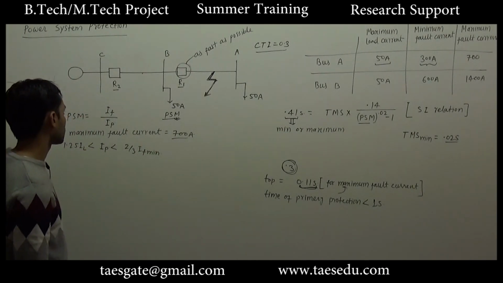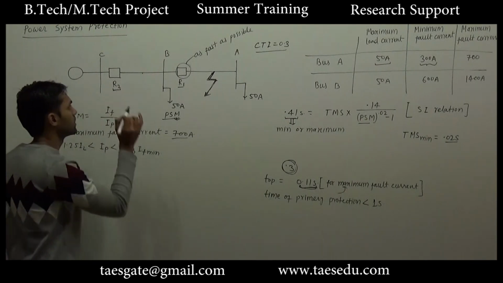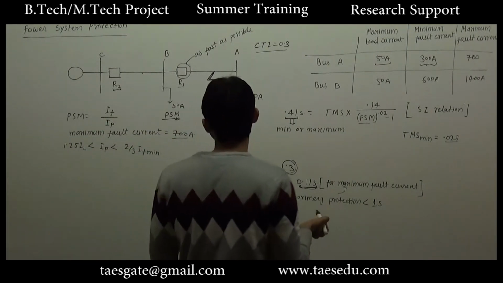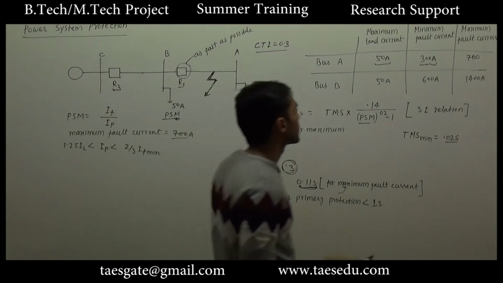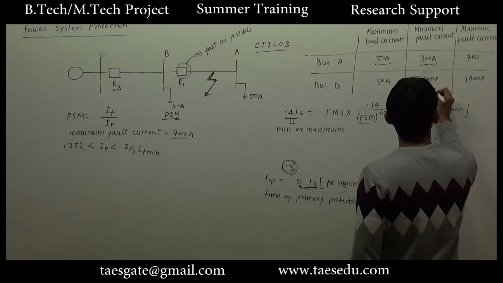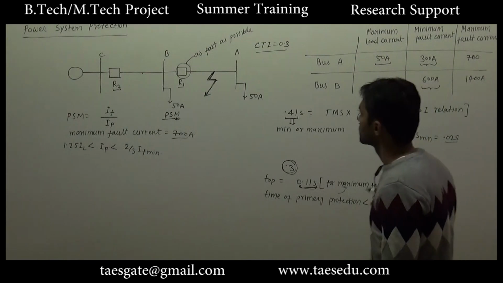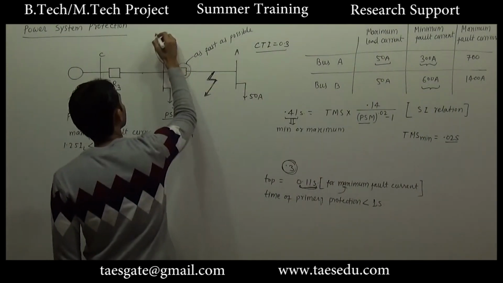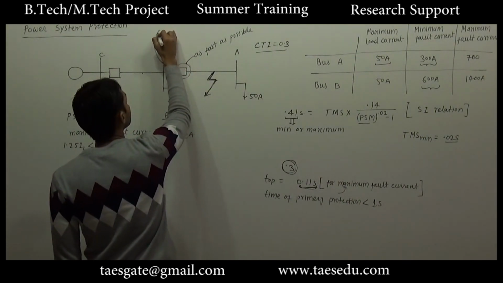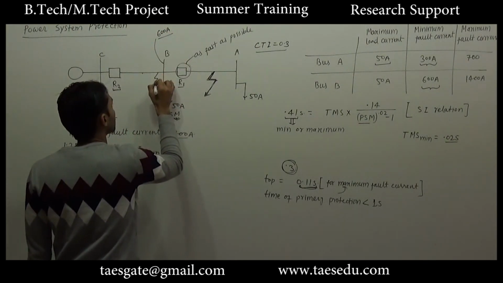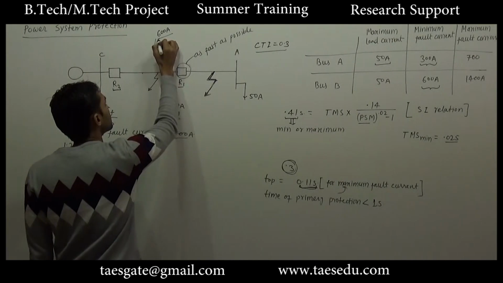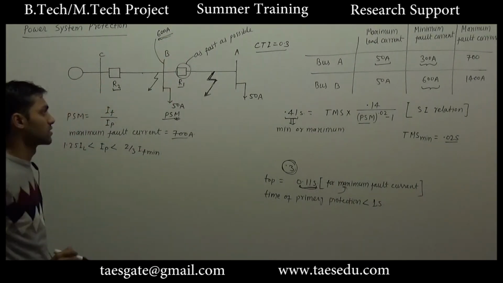Okay, now if we consider this relay, there may be two cases for minimum fault current. The one minimum fault current is 600 ampere, that is for bus 2, bus B. For this bus, the minimum fault current is 600 ampere. That is, if a fault occurs at this point, the minimum fault current will be 600 ampere.